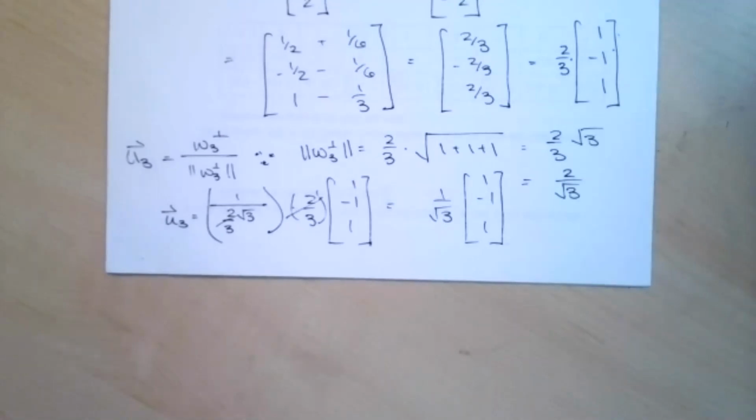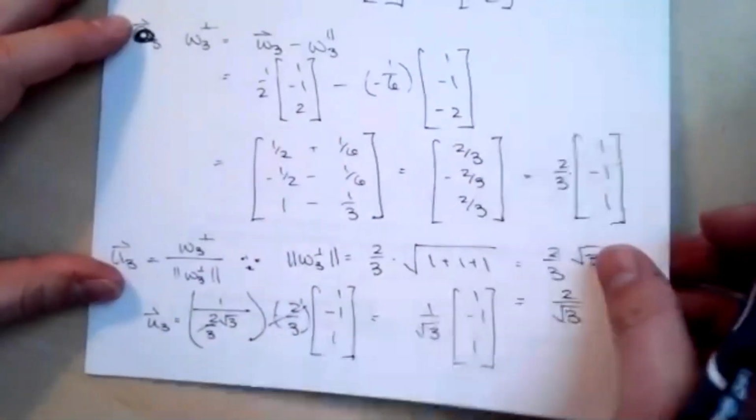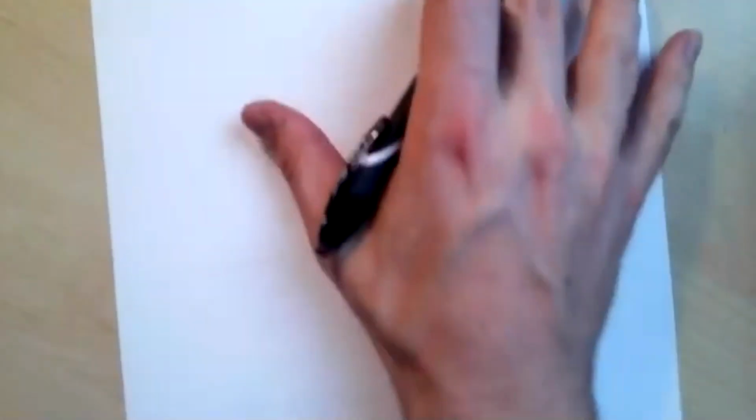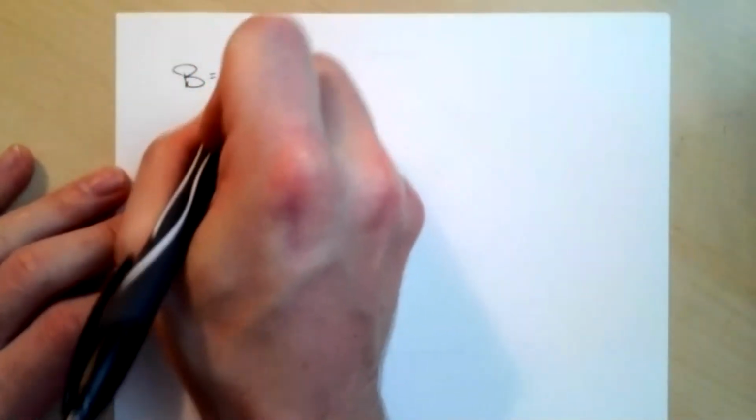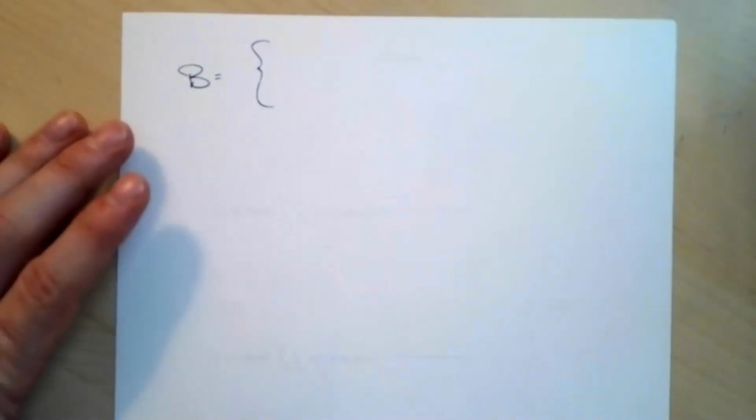Everyone follow? So now, all in all, let's go ahead and summarize it. Our orthonormal set, I'm going to call it B, since we do have 3 vectors in R3. They are linearly independent. They are orthogonal, and so it will be a basis.